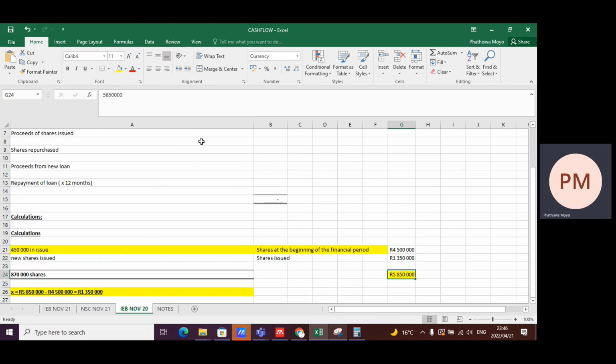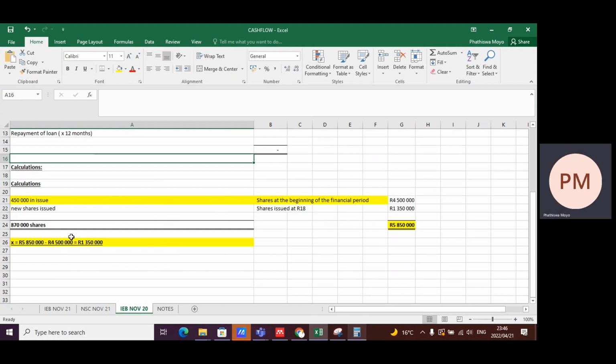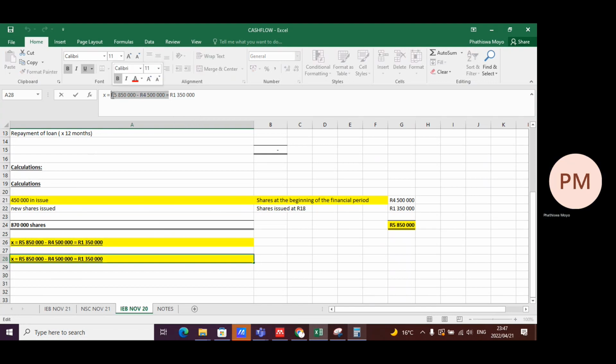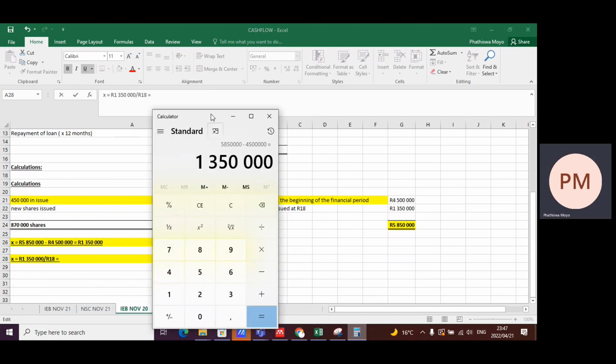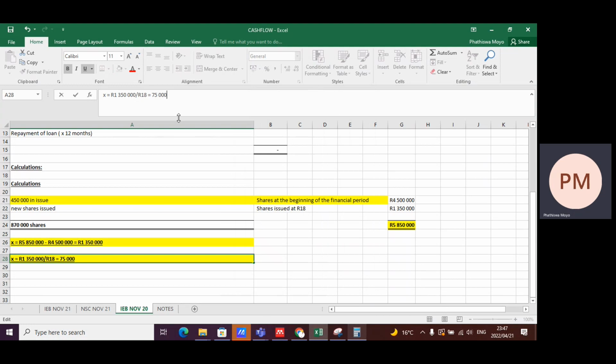Add those together, they give you this. So they are issued at 18 rand. So now we need to find the number of shares. We've got known variables that we can use to find the unknown variable. So now this is divided by, which gives you 75,000 shares.